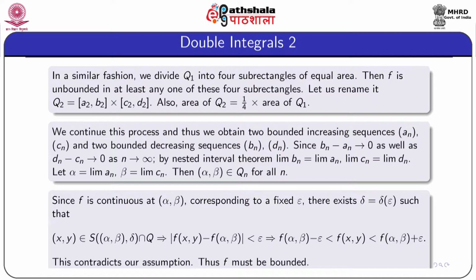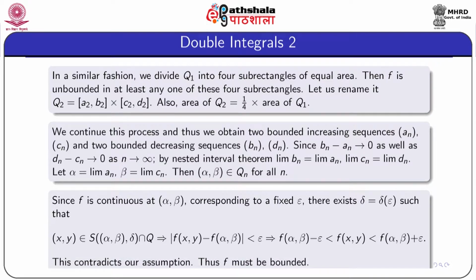Since F is continuous at (alpha, beta), corresponding to a fixed epsilon, there exists a delta such that (x,y) in the open sphere with center at (alpha, beta) and radius delta, intersection with Q, implies F(x,y) lies between the bounds f(alpha, beta) minus epsilon and f(alpha, beta) plus epsilon.